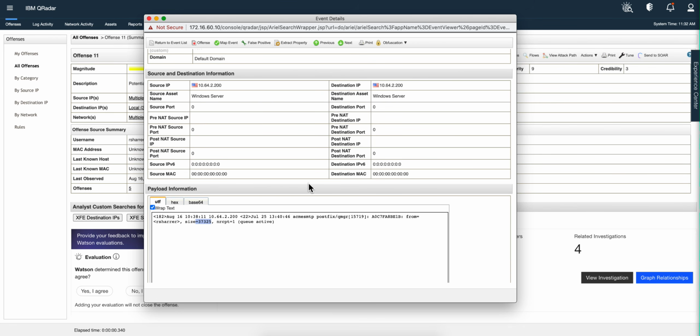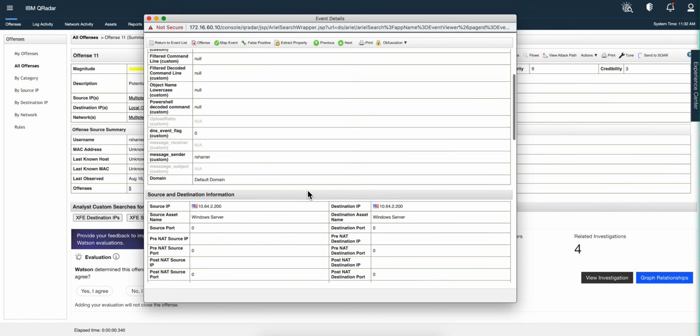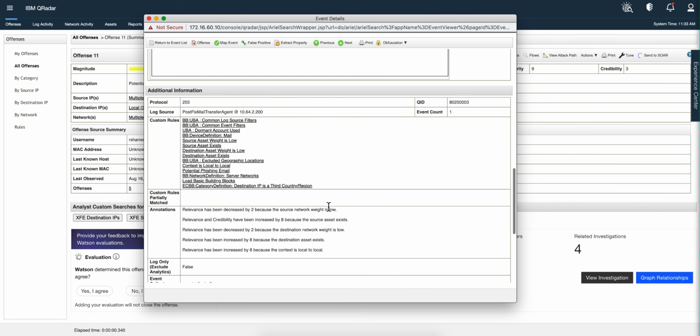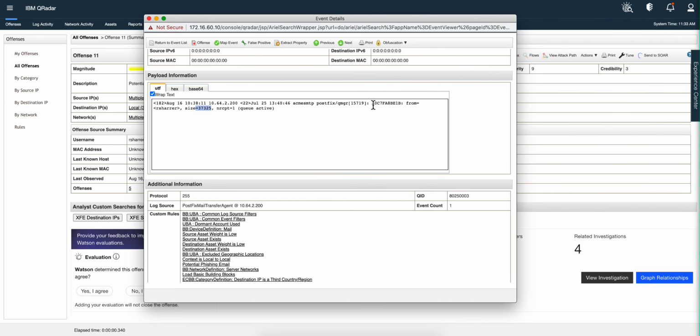But the role of the parser is nothing more than to extract this type of information from it. What is the event description, what's the username, and if there are other fields, they might not be present on that specific log, but for the ones that are, the idea of the parser is to grab them from the actual log in here. Sometimes this is called the payload, although that term can be confusing when we talk about flows.